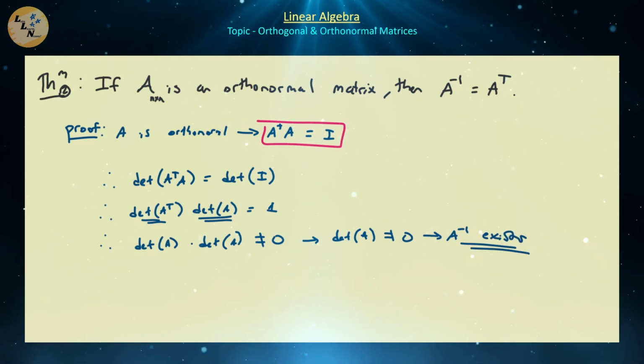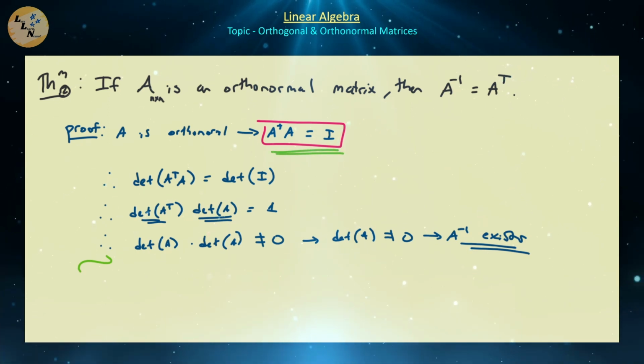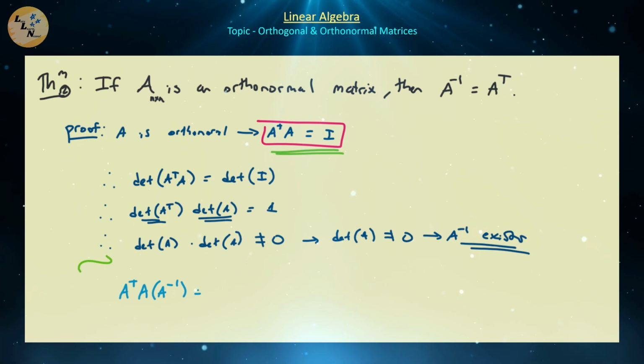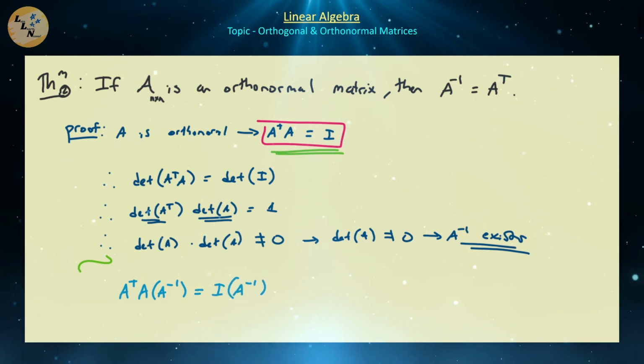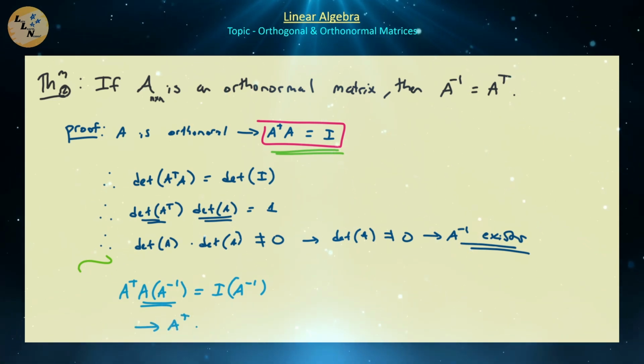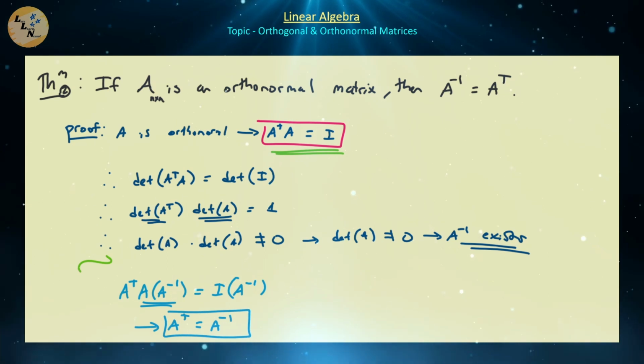So if the inverse of that matrix exists, then we can perform some algebraic manipulations to that particular statement, A transpose A is equal to I. In particular, I can multiply both sides on the right-hand side by A inverse. So it's going to be I times A inverse on the right-hand side. And then we can associate those first two, and we see that A transpose is precisely equal to the inverse matrix.